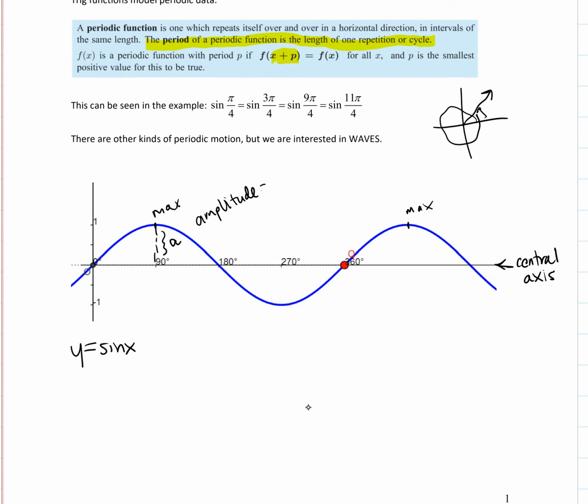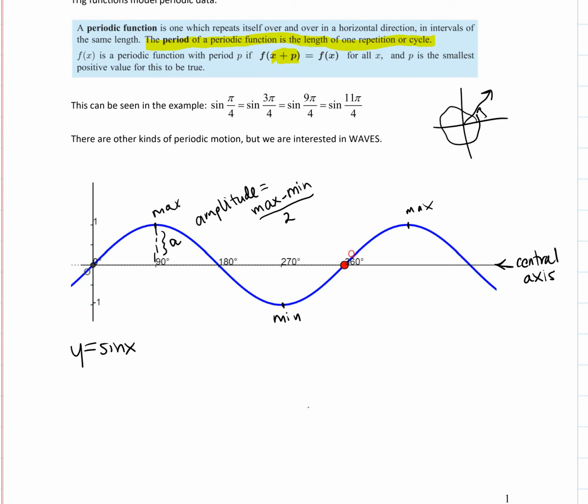You can find that by taking the difference of the max and the min and dividing it by 2. Because if we know what our maximum value is, and our minimum value, then if we subtract those two, we would get the distance across, and half of that is our amplitude.